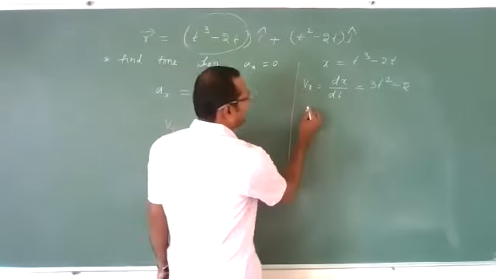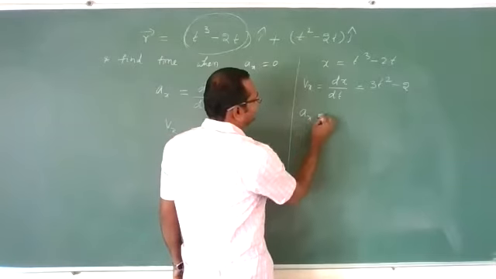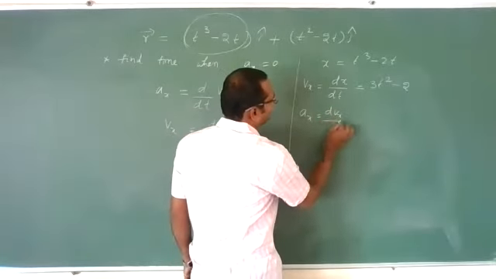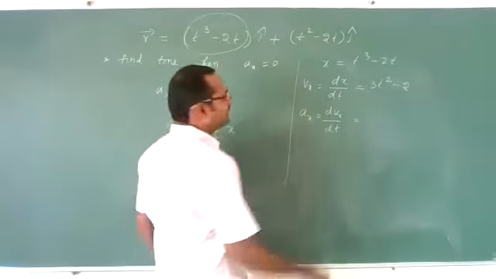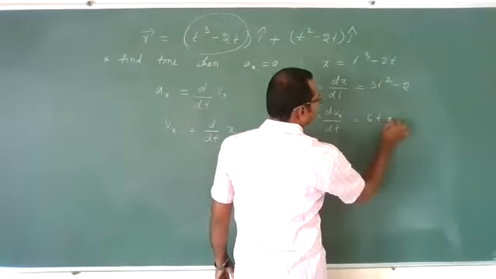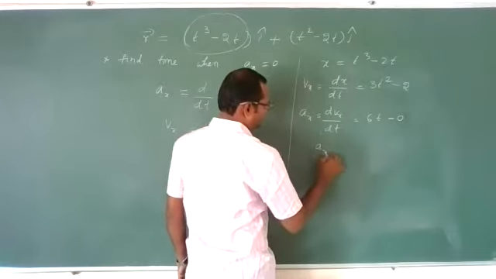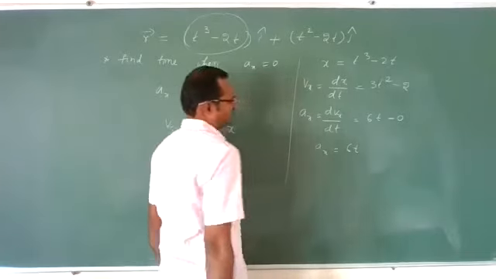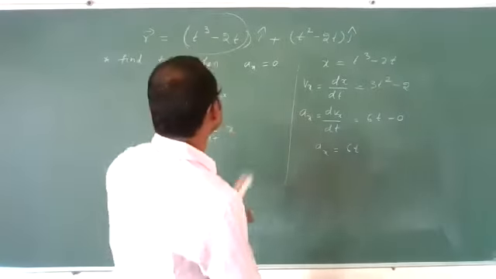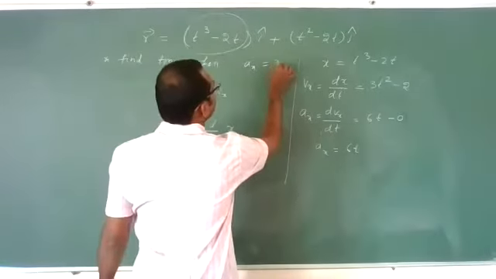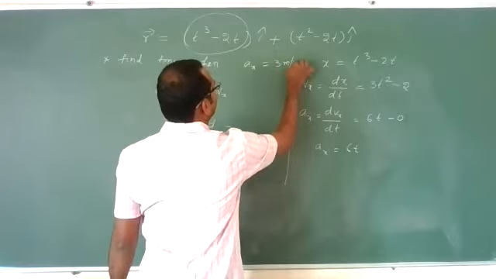Next, acceleration is nothing but dv by dt. How much are you getting? This will be 6t minus 0, so ax is equal to 6t. You can't find it to come out to be 0. So ax is equal to 3 meters per second square.